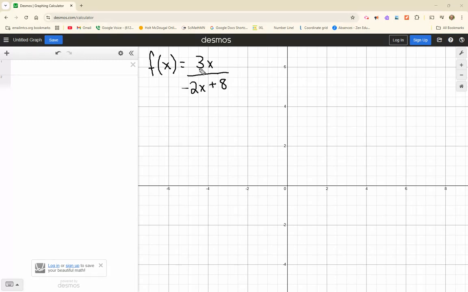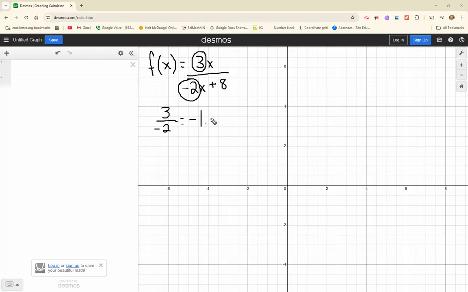So when we identify the coefficient in the numerator, that is 3, right? That's the number with the x. And when we identify the coefficient in the denominator, that is -2. And in order to figure out the horizontal asymptote, you just take the leading coefficient of the numerator and divide it by the leading coefficient of the denominator, and that gives you your horizontal asymptote.